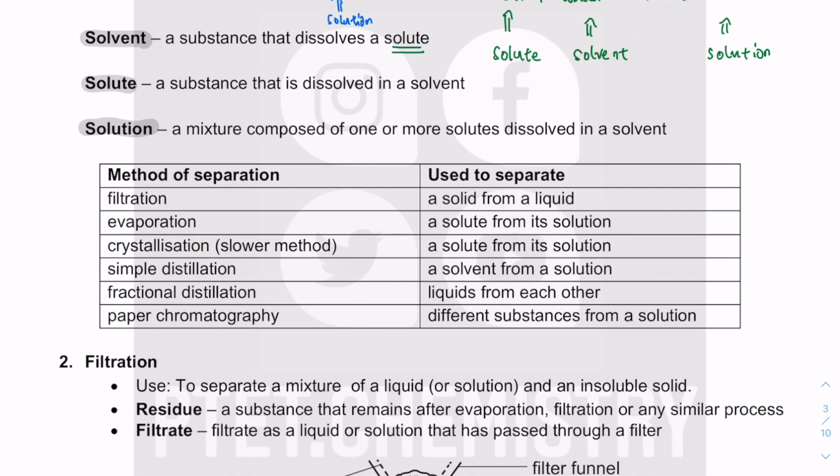But basically filtration is just used to separate solid from liquid, and evaporation and crystallization are pretty similar, except that crystallization is a slower method, and you will get crystals in the end as product. The crystals will always be purer than the evaporation technique, because when you do evaporation, that could also mean they evaporate to dryness.